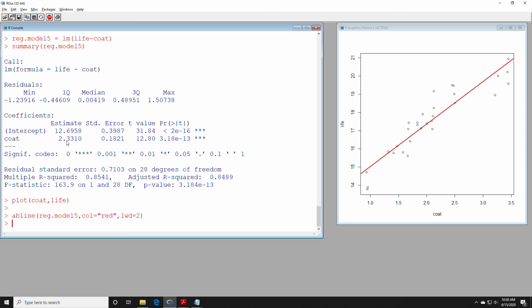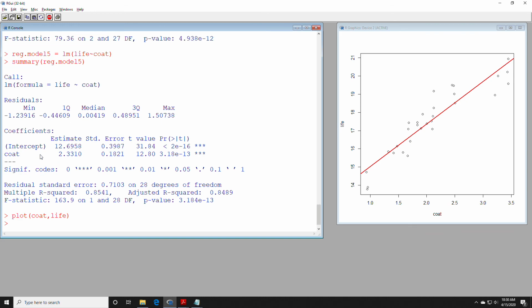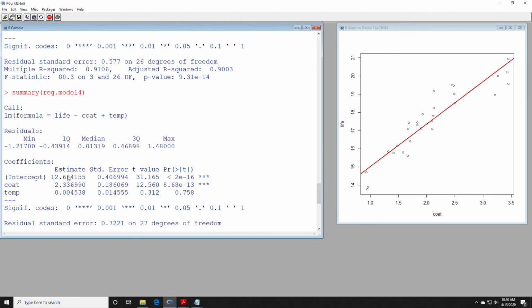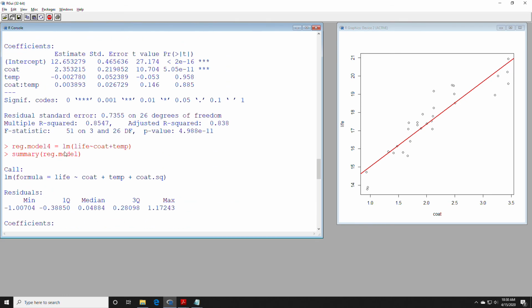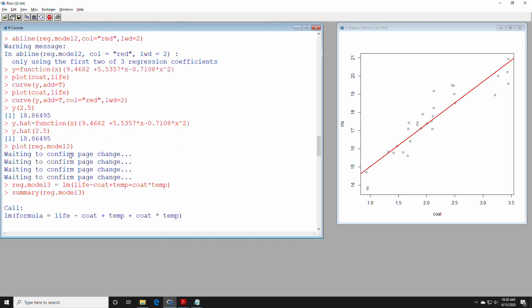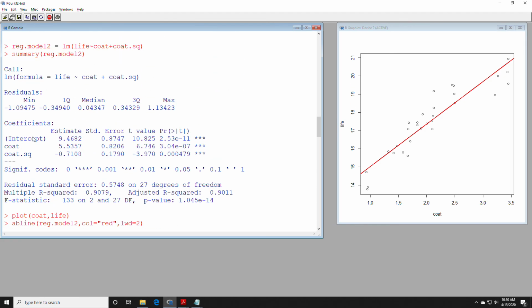One thing I'll look at is that we also fit the model including coating and coating squared. So how much more variability in Y did coating squared capture? Well, here's 85. If you recall, I think it was about 90. We're looking for coating and coating squared.